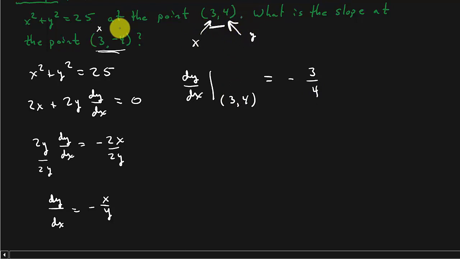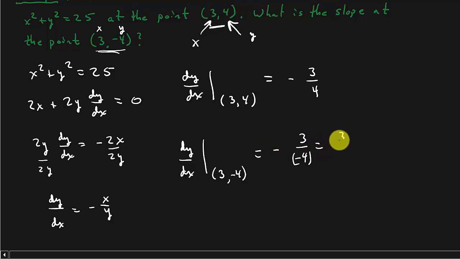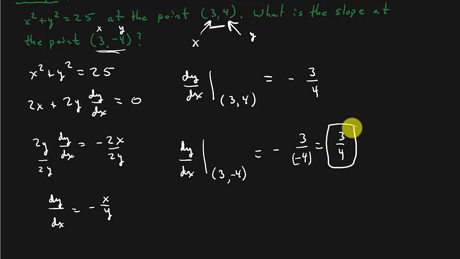This is your x coordinate, that's your y coordinate. And then dy dx evaluated at the point 3, negative 4 is negative 3 over negative 4, which is positive 3/4. And there's your answer. All right. So you can see it's not too bad.